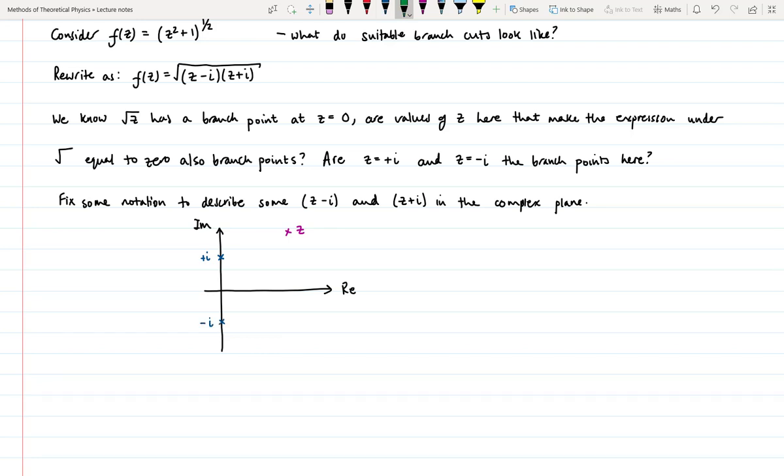The quantities under the square root symbol in our expression, the z minus i and z plus i, are going to be complex numbers, and we can describe those in modulus argument form by defining these moduli and these arguments in the complex plane. That's the angle θ1. This modulus is R1.